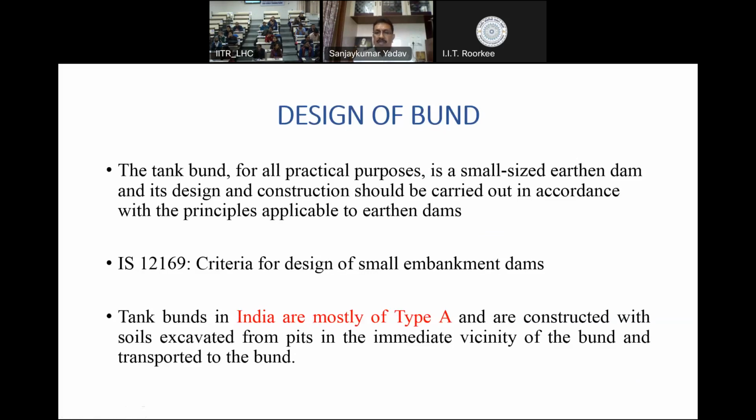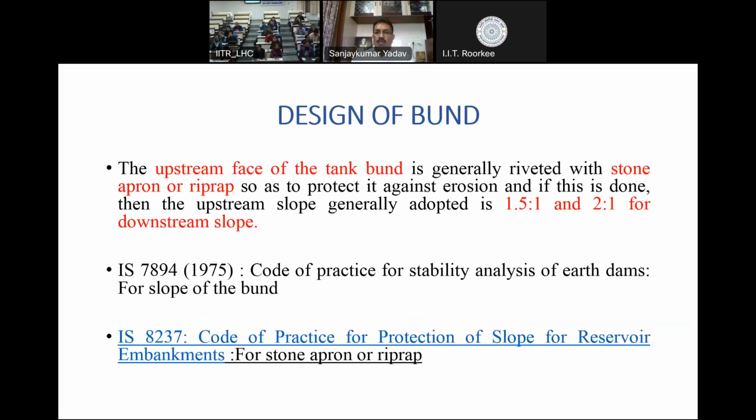Type A embankment is to be considered with upstream and downstream slopes of 1.5:1 and 2:1, with stone apron or riprap. IS 7894:1975, the code of practice for stability analysis of earthen dams, has been followed to check the stability of the upstream and downstream slopes of the pond.